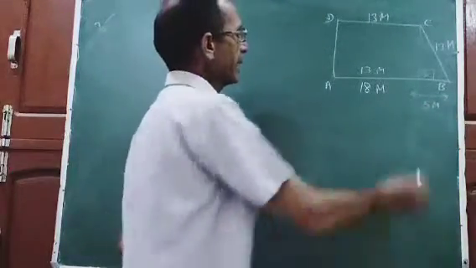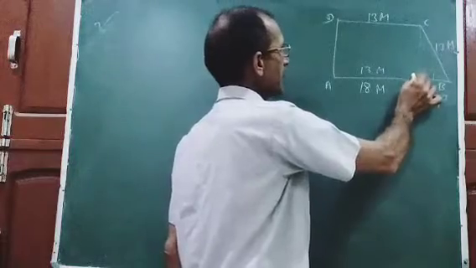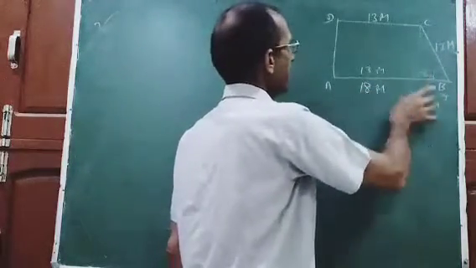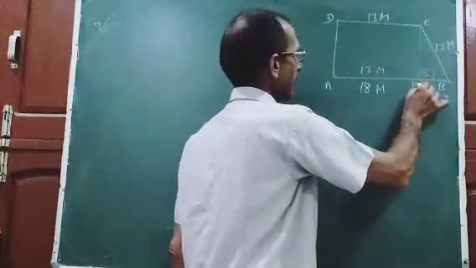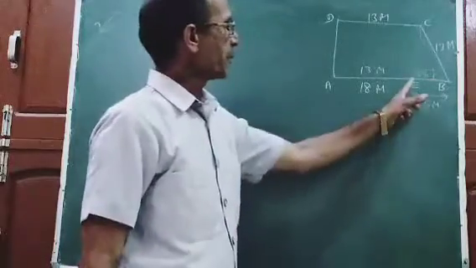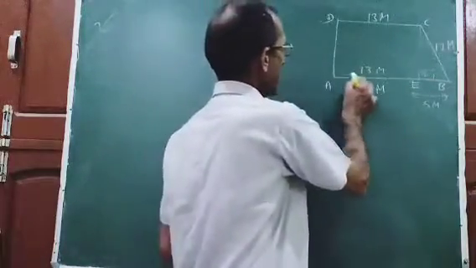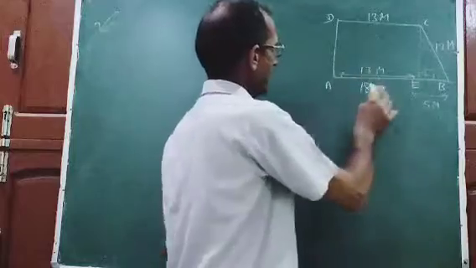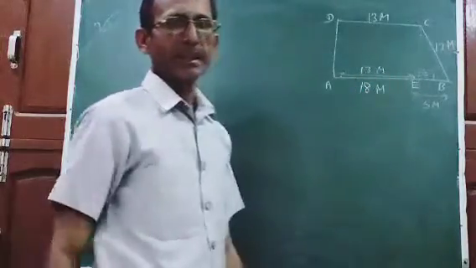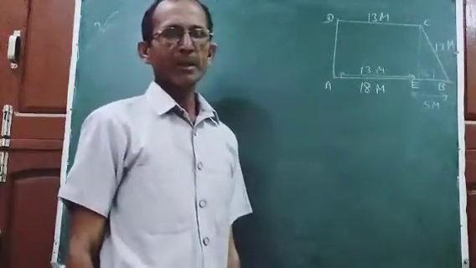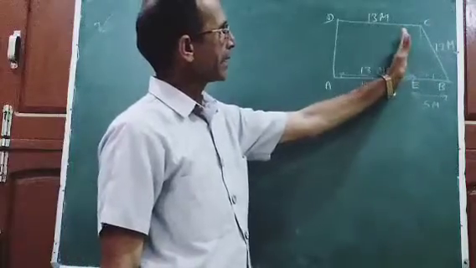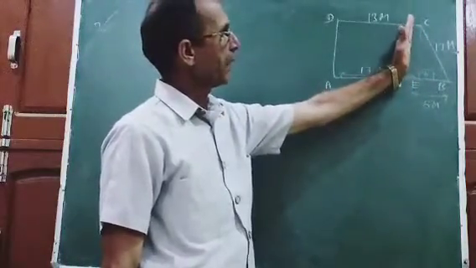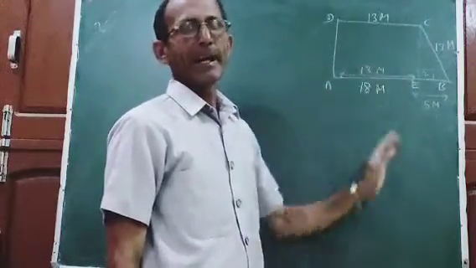Give it any name, so I am writing here E. Have you understood? So I convert this trapezium into one triangle and one rectangle.